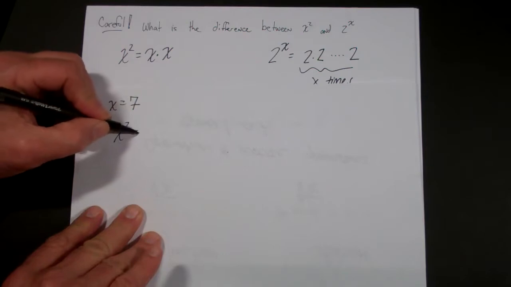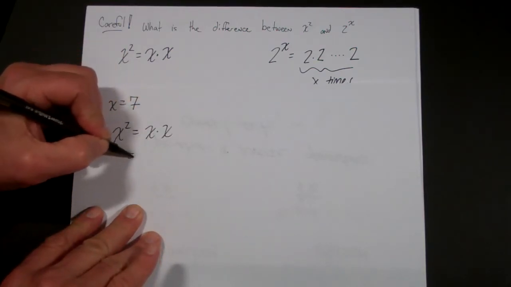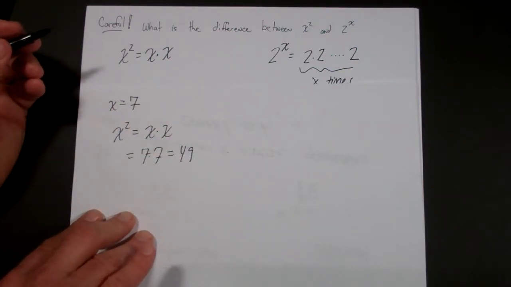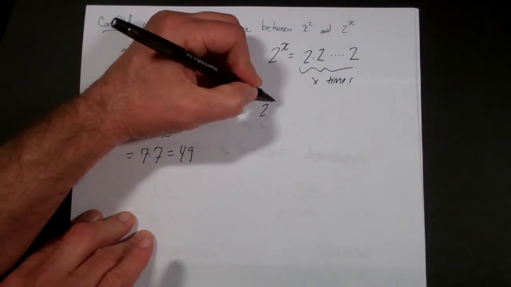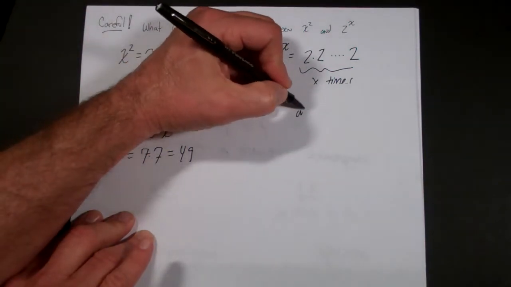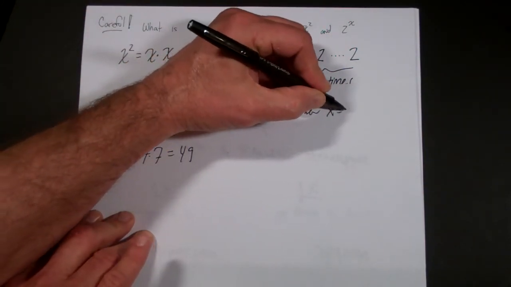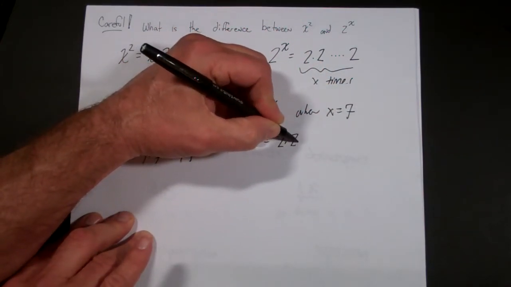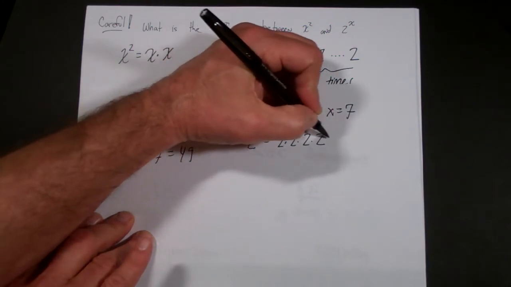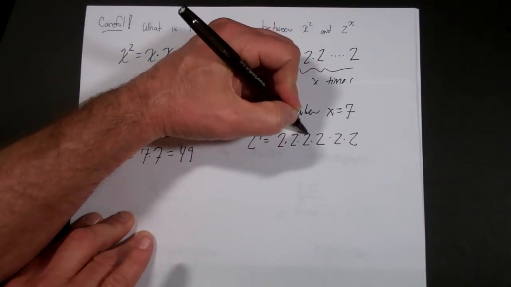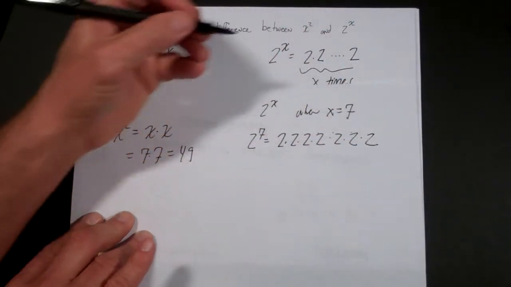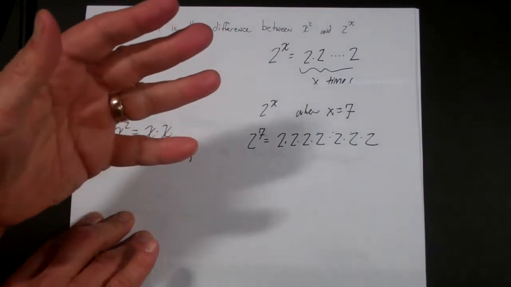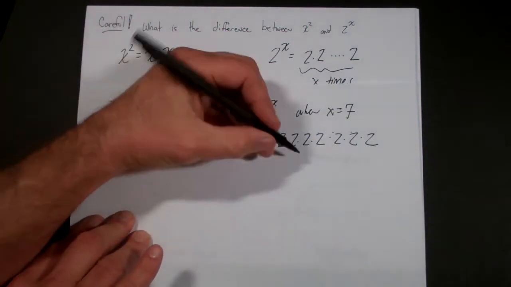Well, then x squared would be x times x, or 7 times 7, or 49. Where 2 to the x, when x is 7, would be 2 to the 7th, which is equal to 2 times 2 times 2 times 2 times 2 times 2 times 2, 1, 2, 3, 4, 5, 6, 7 times, which would be 2, 4, 8, 16, 32, 64, 128.